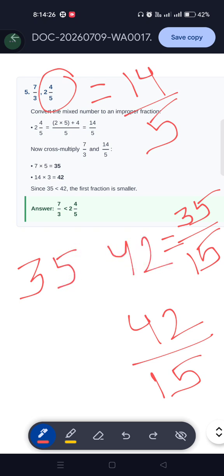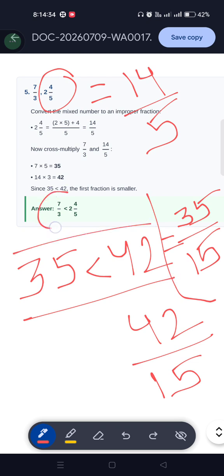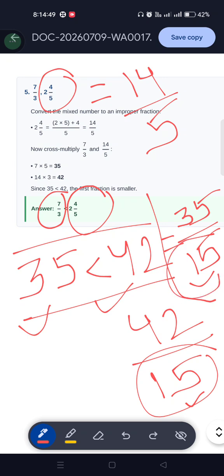So you can see here that 35 is less than 42. Okay, so the fraction 7 upon 3 will be less than 2 into 4 upon 5, because 35 is less than 42, and the denominator we got is the same for both fractions, which is 15. So here 7 upon 3 will be less than the mixed fraction 2 into 4 upon 5.